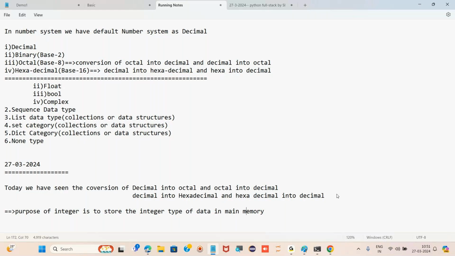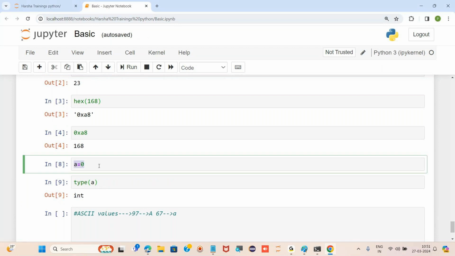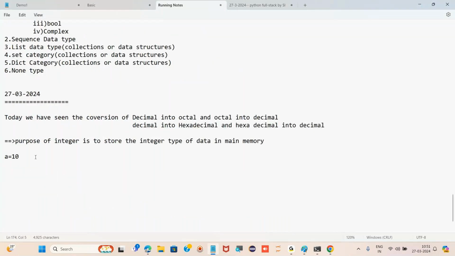When it comes to float, we'll see some integer first. We have seen this, so we can take it as our example. A is equals to 10. If we write type of A, the output is integer.